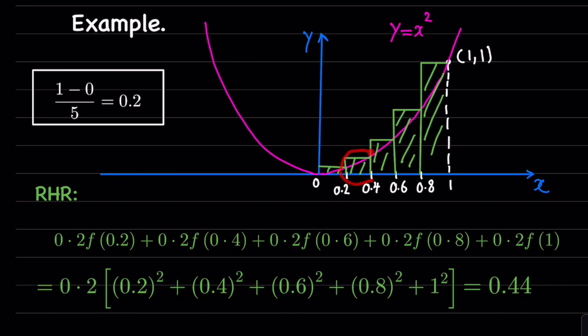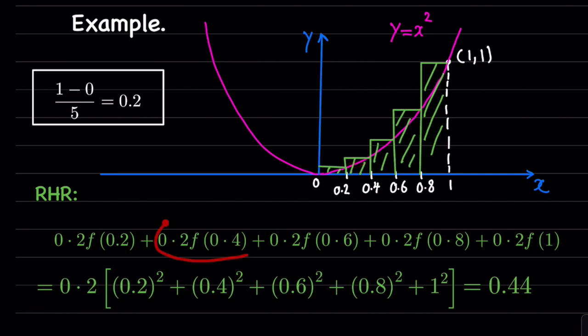For the next rectangle, again, this side is 0.2, and this side is the value of the function at the right-hand side, which is 0.4. If you multiply 0.2, the length of this side, by the value of the function at the right-hand side, which is f evaluated at 0.4, then that's going to give you the area of this second rectangle.